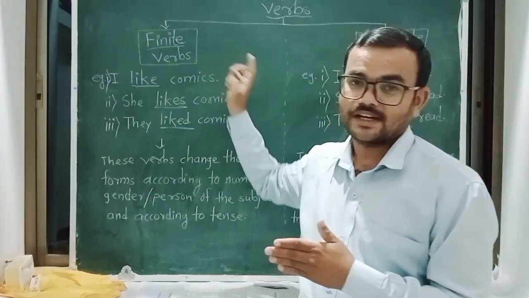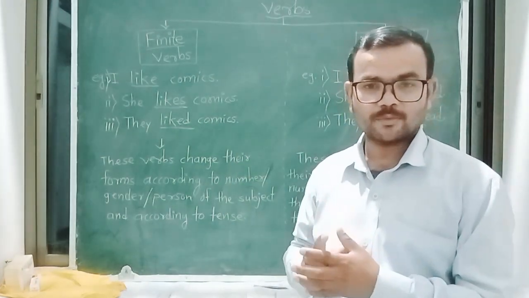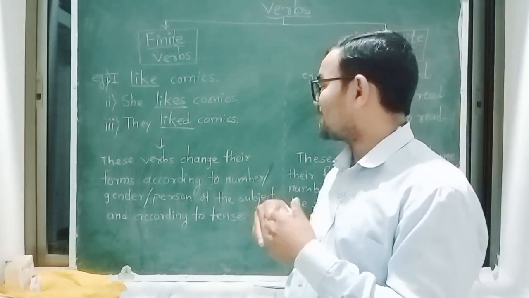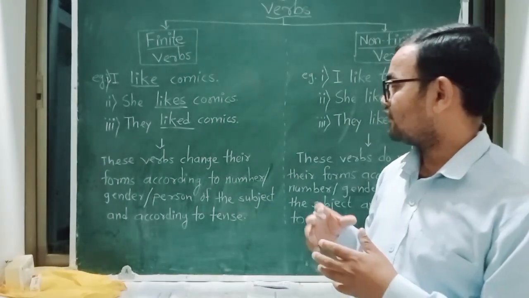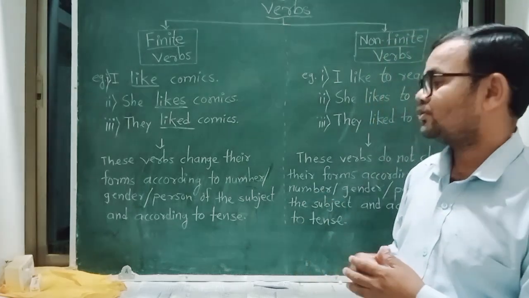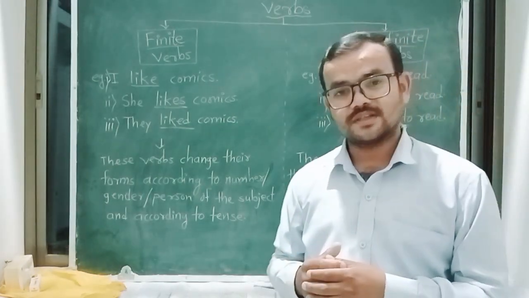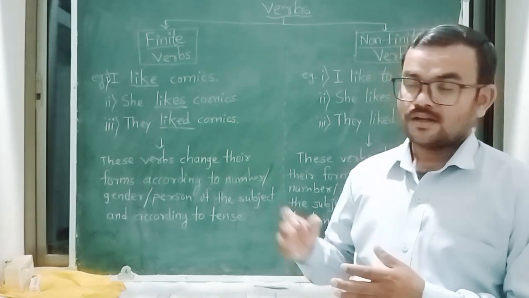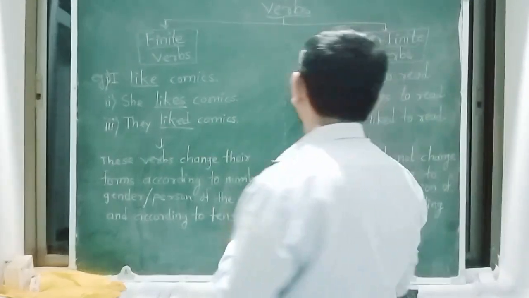Did you get my point? Finite verbs are those verbs which change their form according to number, gender, person of the subject and according to the tense. And the other type of verbs are non-finite verbs.